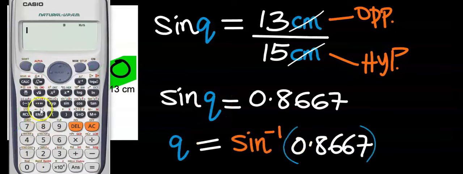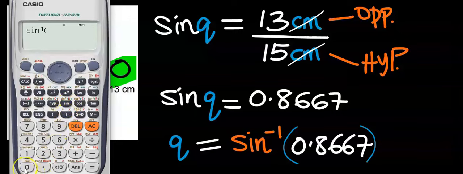Using your calculator, we're going to press Shift sine. Then inside the bracket, we're going to put 0.8667. Then we're going to close the bracket, press the equal sign, and you see we have 60 degrees.